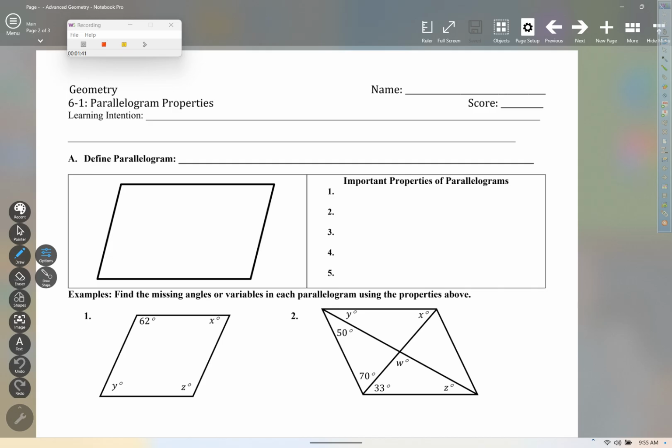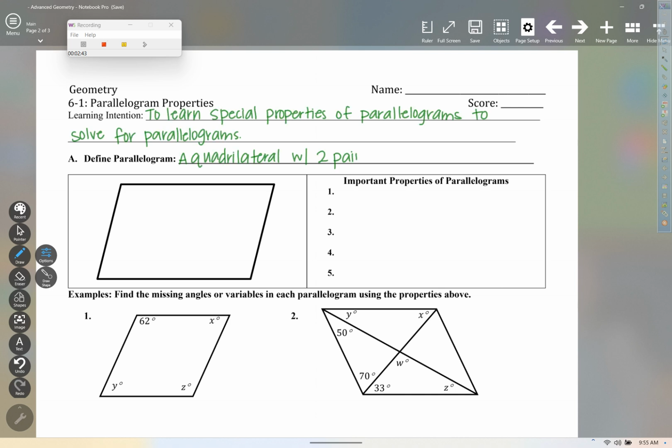To define a parallelogram, a parallelogram does have four sides and the interior angle sum is 360, so it is a quadrilateral with two pairs of parallel sides.